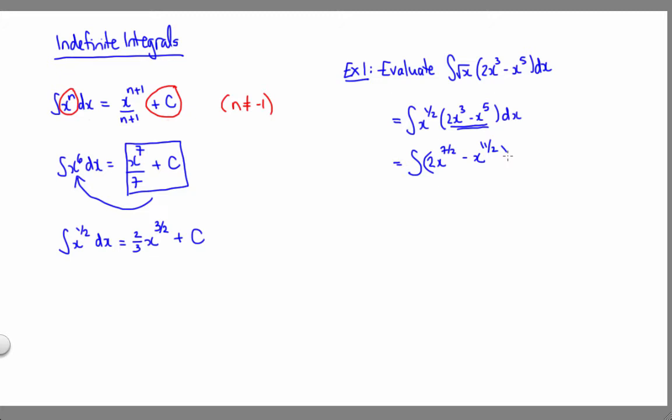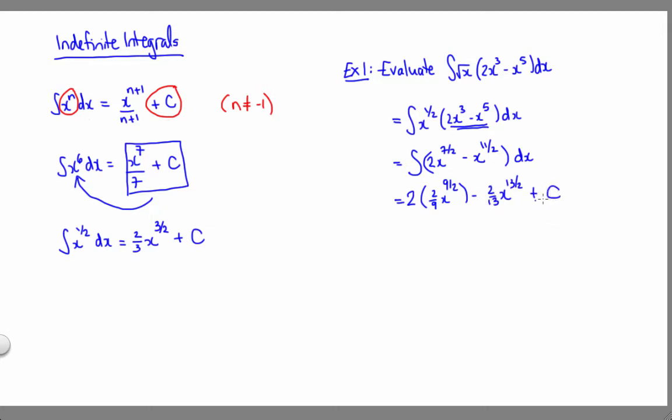And we're still integrating with respect to x, so good idea to have brackets on there so that dx is multiplying both of those expressions. So now we're ready to integrate. Finding our antiderivatives, we're going to have 2 times x to the 9/2 times 2/9 minus x to the 13/2 times 2 over 13.